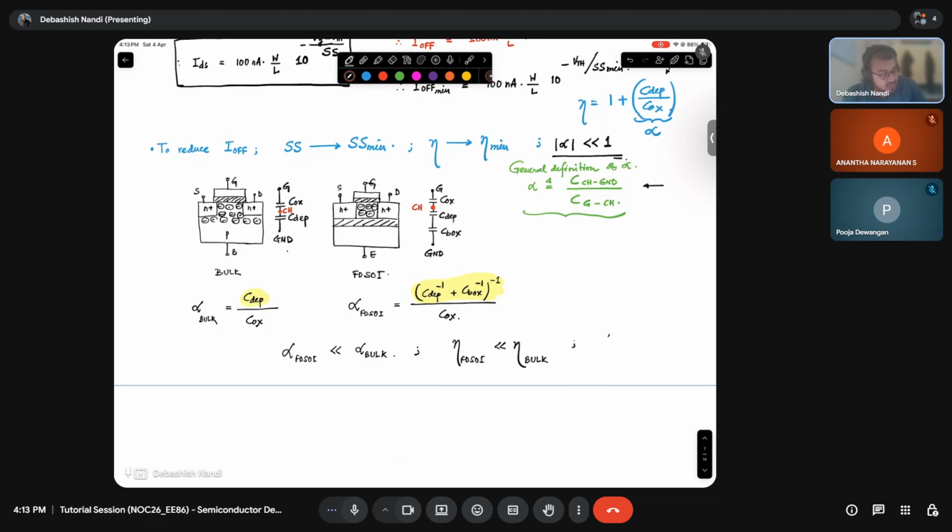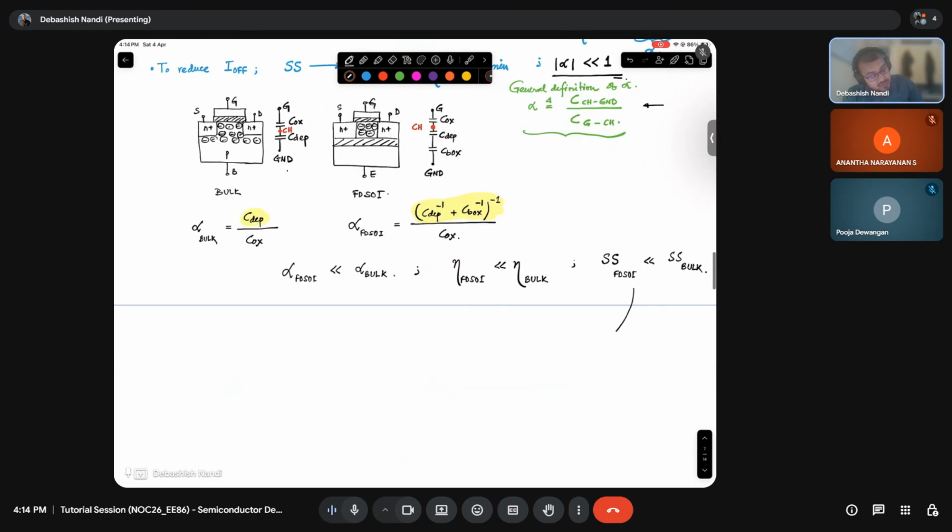That means subthreshold slope of FDSOI is much lower than subthreshold slope of bulk. This translates to I off of FDSOI being much lower than I off of bulk. So you see how it is improved in case of FDSOI by means of double gate structure.